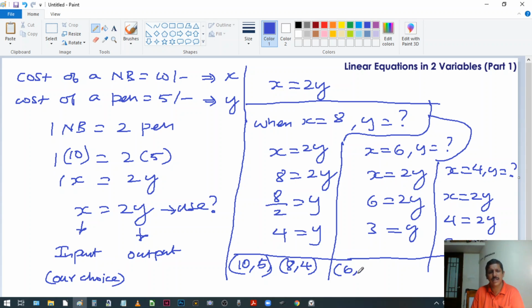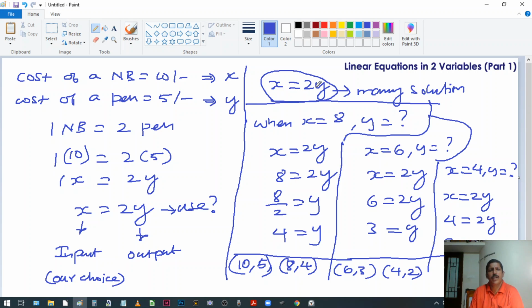When x is 6, then y is 3. Then when x is 4, y is 2. So these are the 4 solutions for this equation. So we can create many solutions for the equation x is equal to 2y.